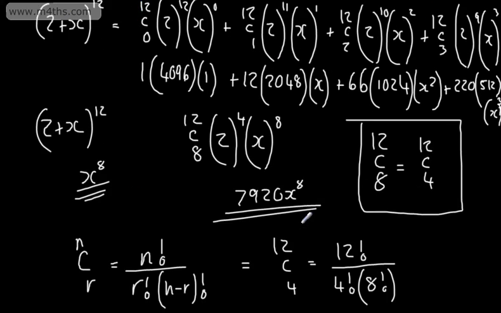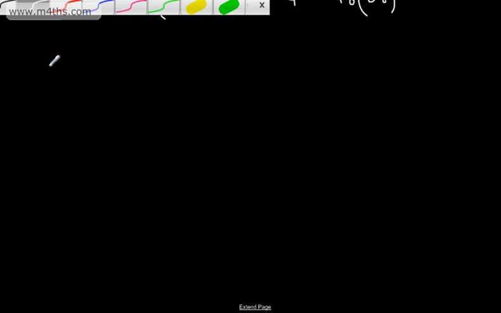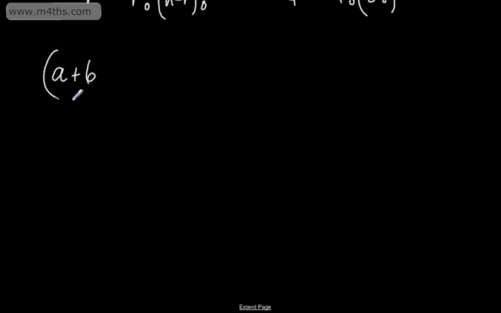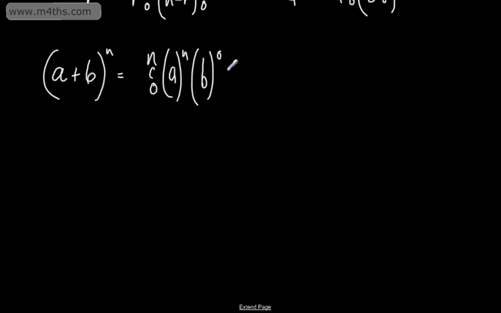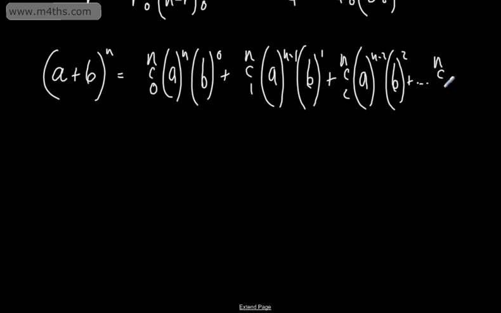So what we can write then, and again, this is for positive integer powers of n, and you might want to write this down or just refer to it in the exam book. (a plus b) to the n is going to be nC0, we will have a to the n and then b to the 0, plus nC1, we'll have a to the n minus 1, b to the first, plus nC2, we'll have a to the n minus 2, b squared, right the way up to nCn.